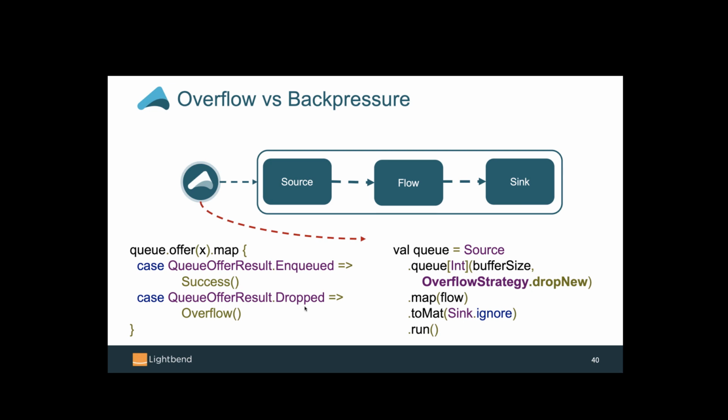Now in the case that the buffer size is full in our source, rather than having a future that doesn't complete, that future completes immediately. So you can see on the left, the options that come back are either enqueued or dropped.